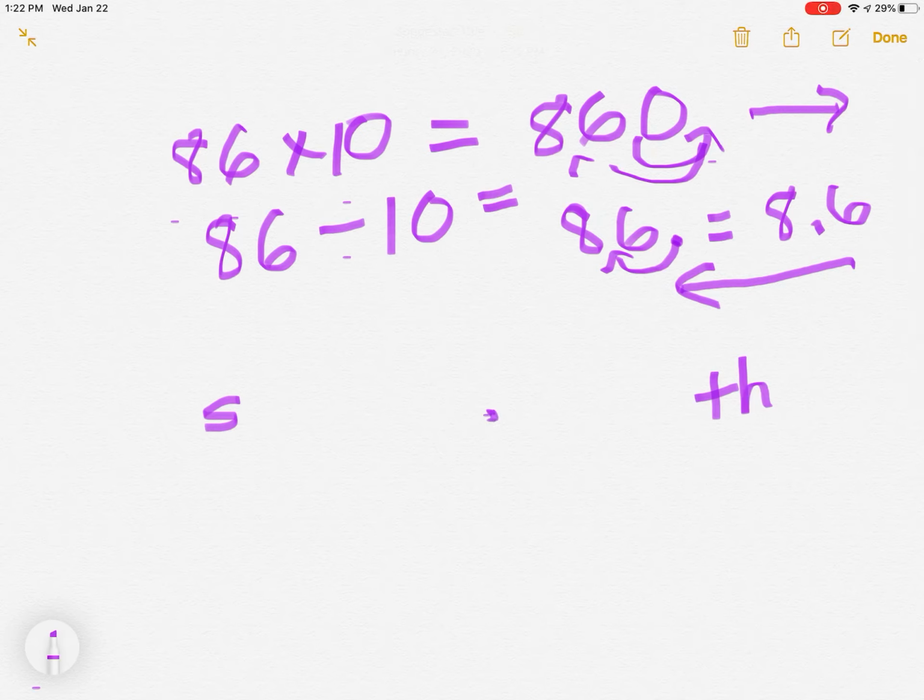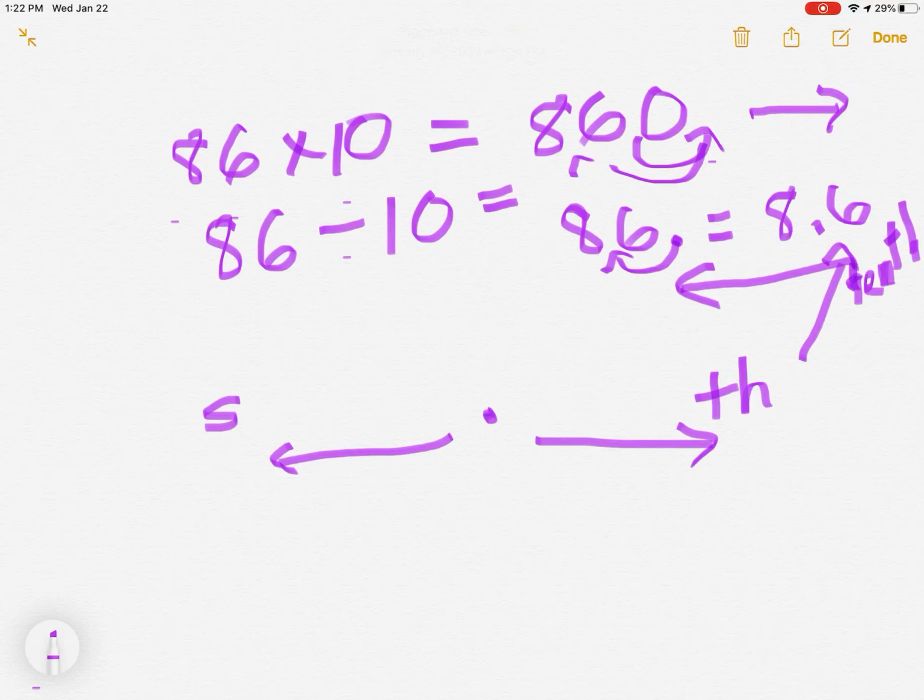So decimals, these numbers end with S, and these numbers end with TH. So this one would be tenth. I probably can't read that, but it says tenth.